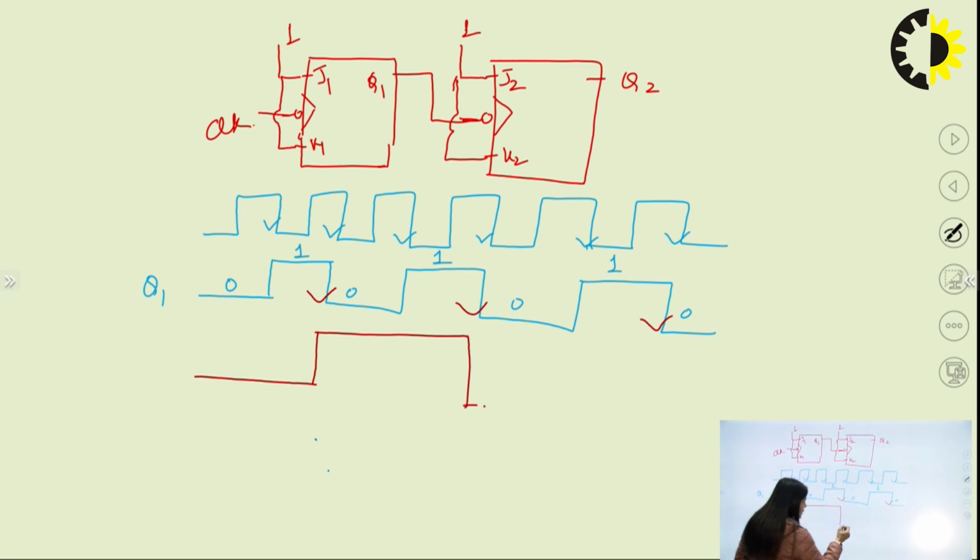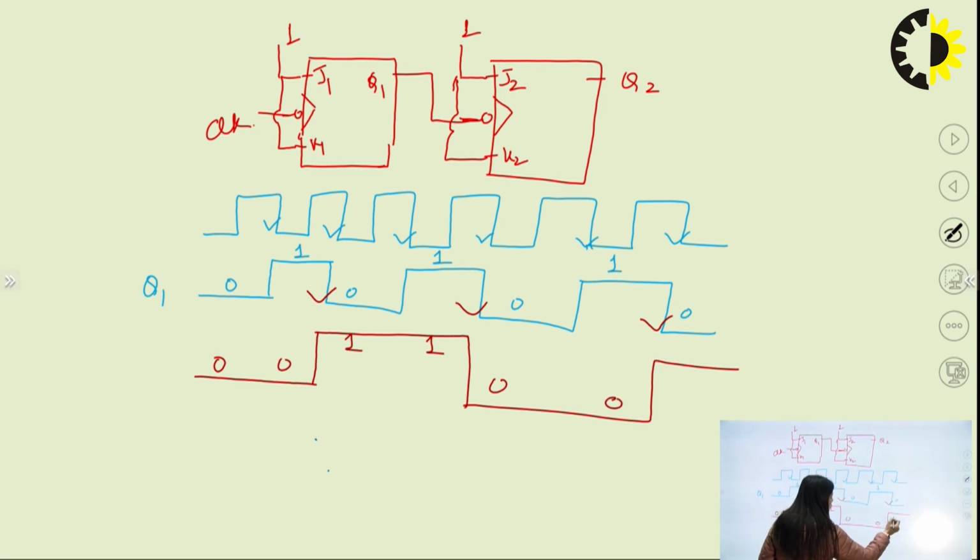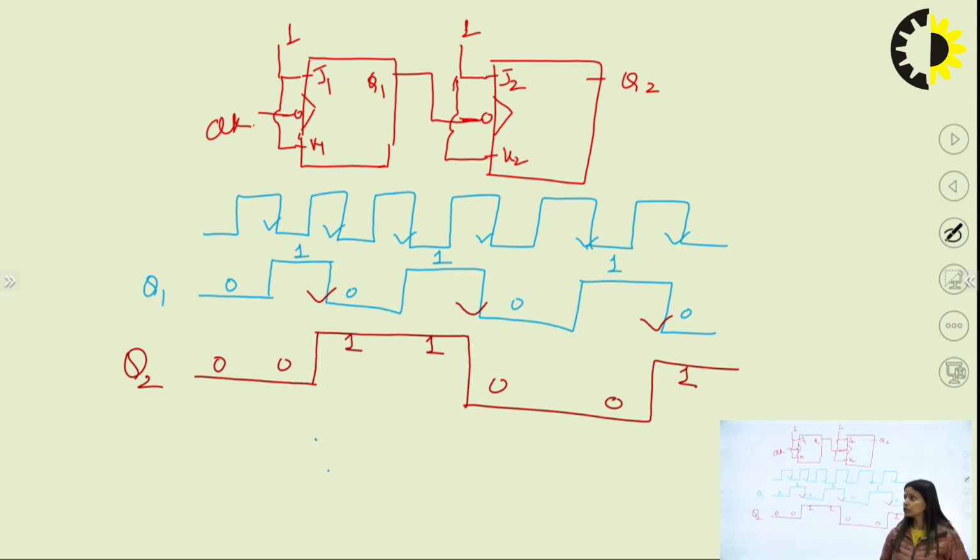Again at this point it will change, and again here. So if I write, this was 0, this was 0, this is 1, this is 1, this is 0, this is 0, and then this is 1, right. So this is my output Q2, and the same output I am predicting by the characteristics of the flip flops. The outputs of both the Q1 and Q2 flip flops have been drawn and they are well represented in the figure.